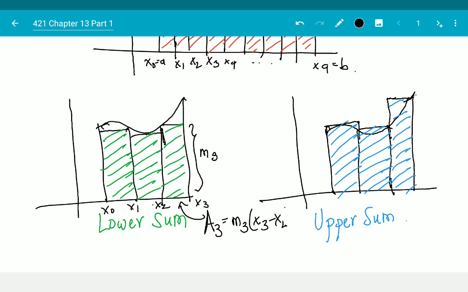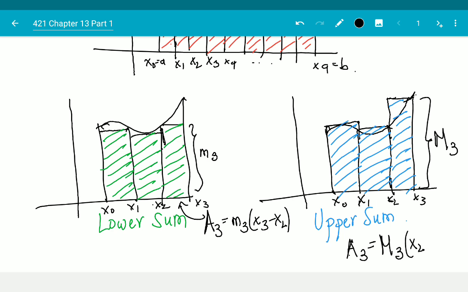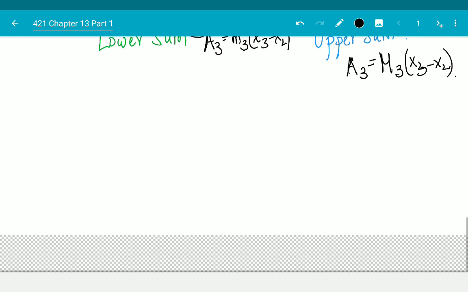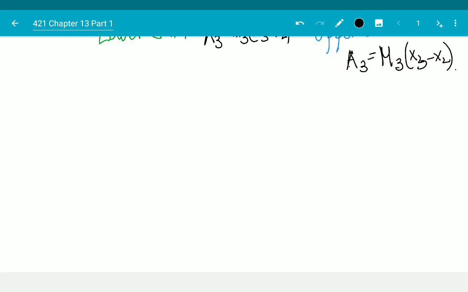Similarly, if this height all the way is capital M3, then the same a3, the area of the third one, is capital M3 times x3 minus x2, right? So one of these is going to give the upper sum, and one of them is going to give the lower sum.